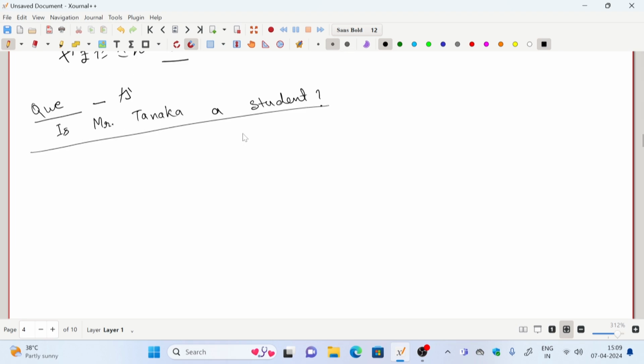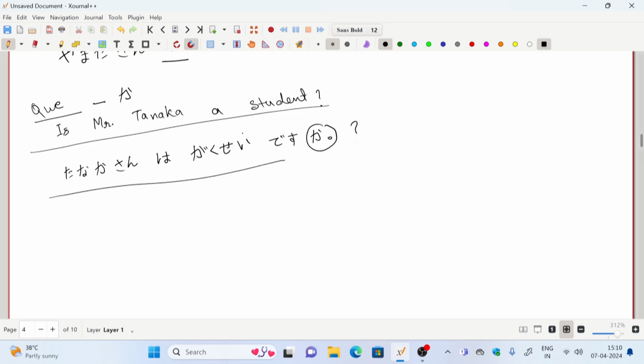Similarly, we'll make the sentence starting with Tanaka-san wa. Student is gakusei. Tanaka-san wa gakusei desu ka? So ka will make the whole sentence a question. And in Japanese we don't use the interrogation sign here. We'll put particle ka and it is enough.